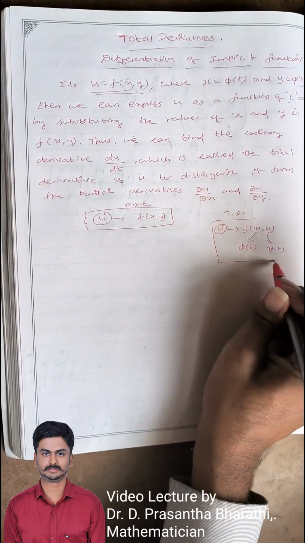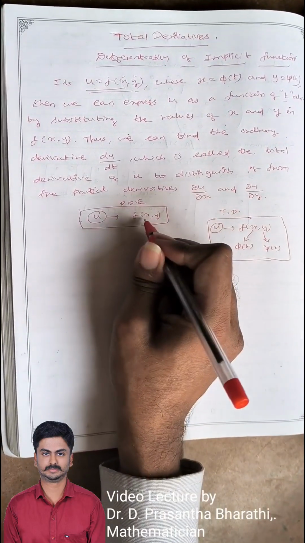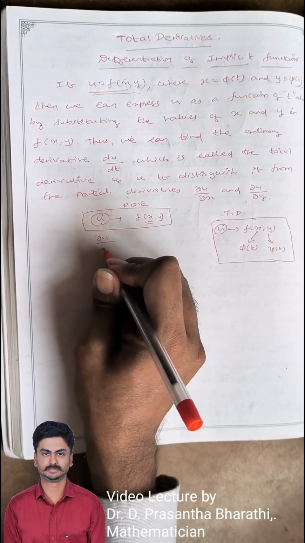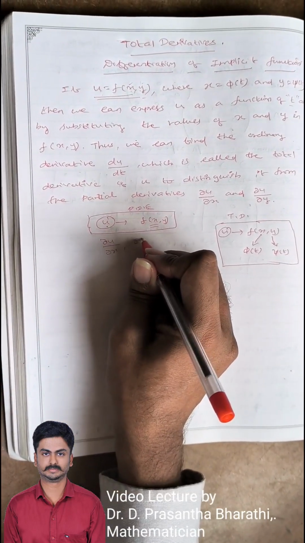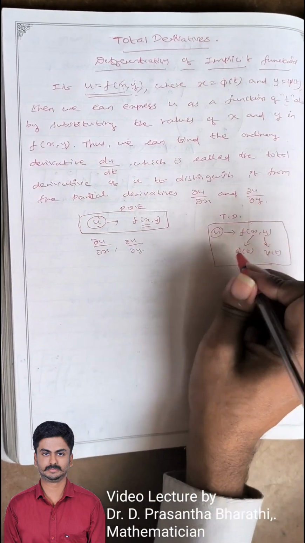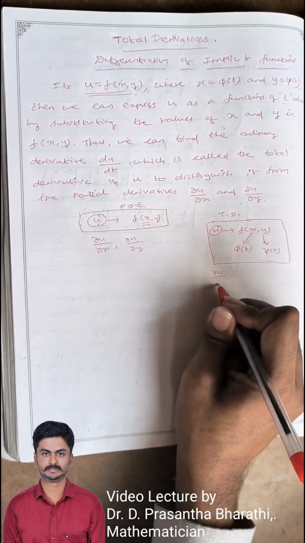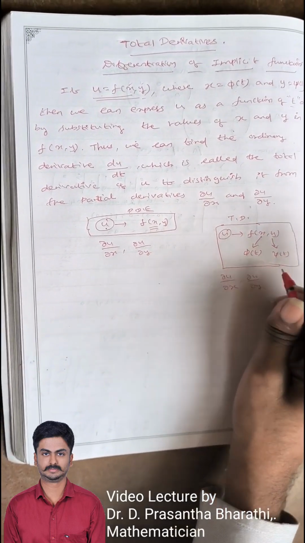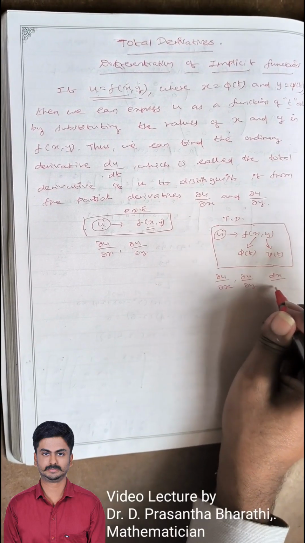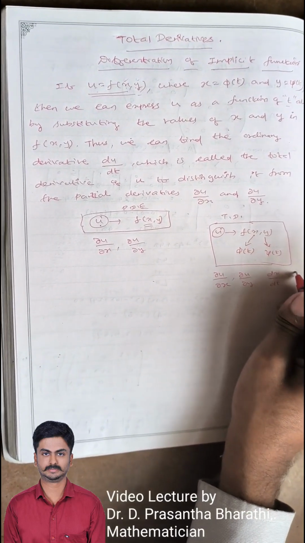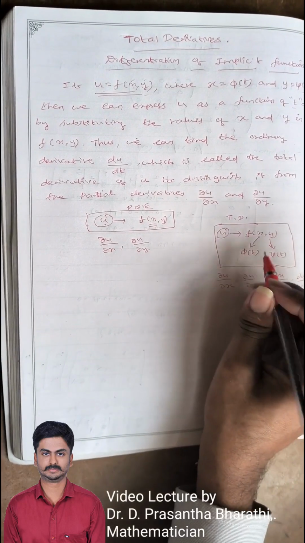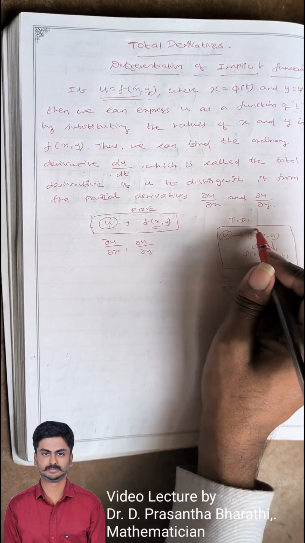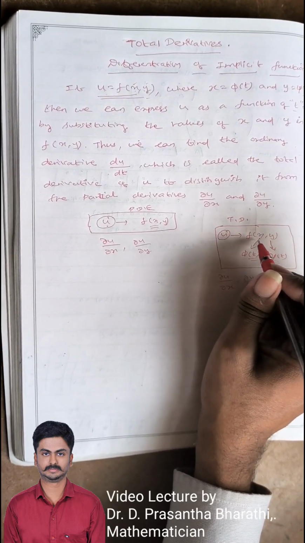So what does it mean? It means since u is a function of two variables, we can find dou u by dou x, dou u by dou y, and dx by dt and dy by dt, because x is a function of t alone, y is a function of t alone.